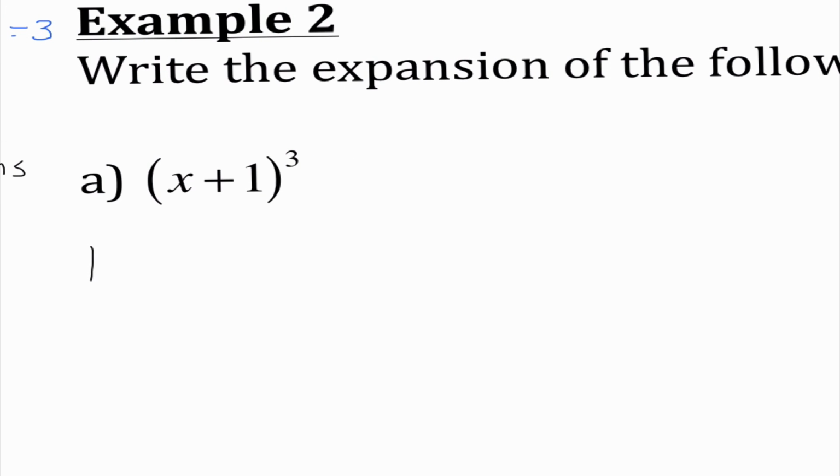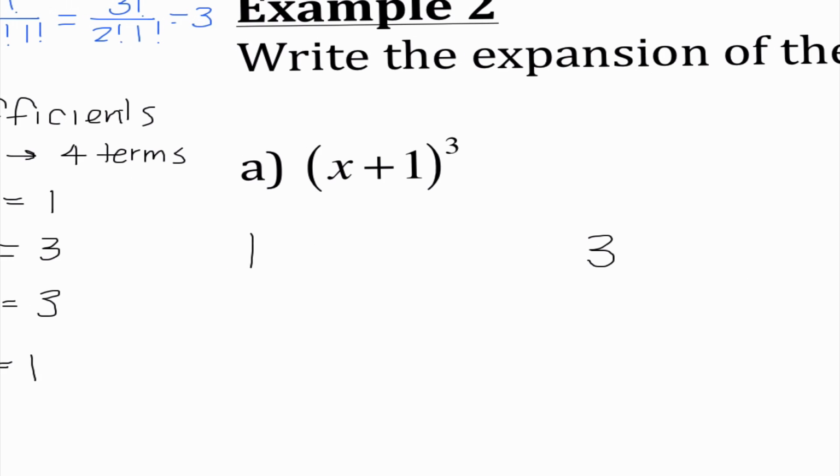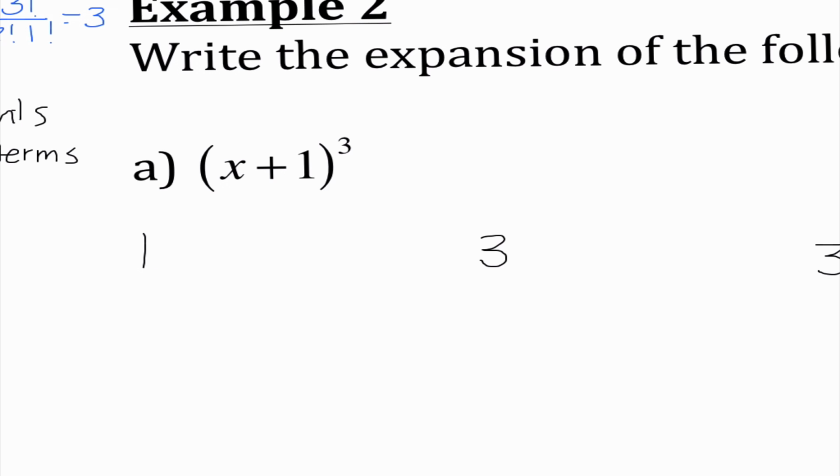So I'm going to go ahead and space this out, and I'm going to write my coefficients: 1, 3, 3, 1. Okay, so I'm really spacing that out here. The next thing I'm going to do, I'm going to pay attention to this first term. Okay, we saw that this first term always starts to the nth power and decreases by 1 each time.